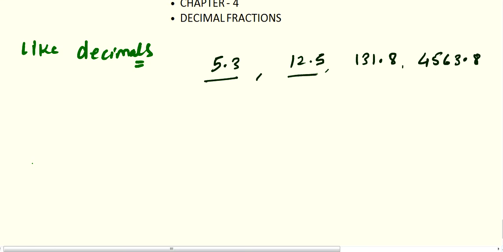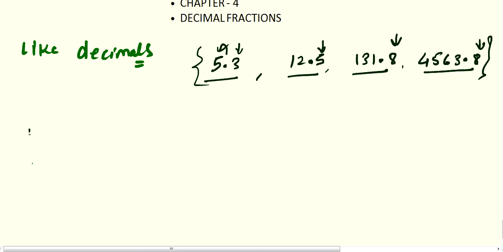As you can see in this example, after the decimal 1 place, after the decimal 1 place, after the decimal 1 place, after the decimal 1 place. That means they are all like decimals. Before the decimal doesn't matter. After the decimal you have to observe.